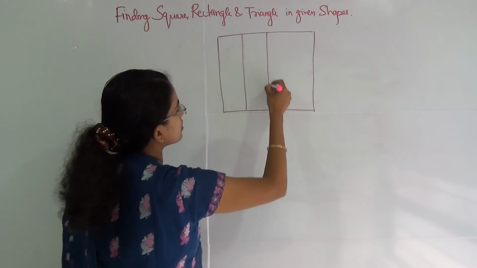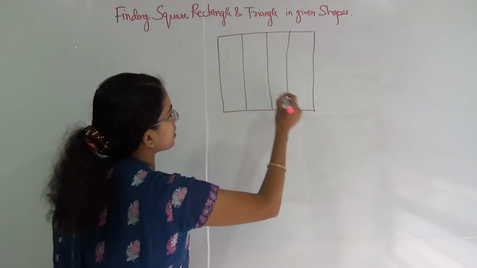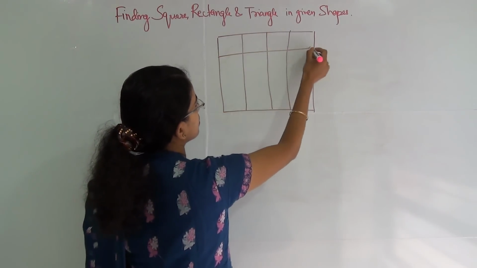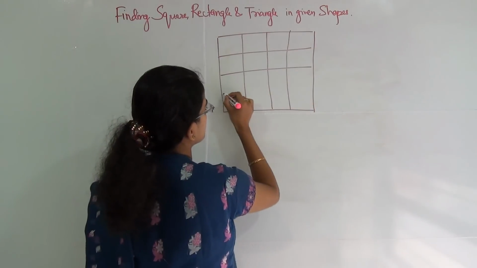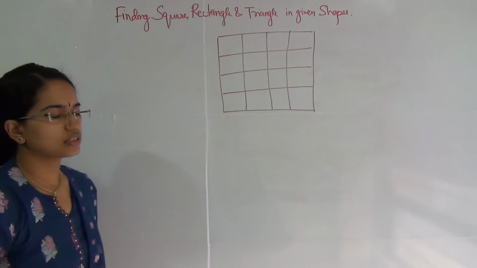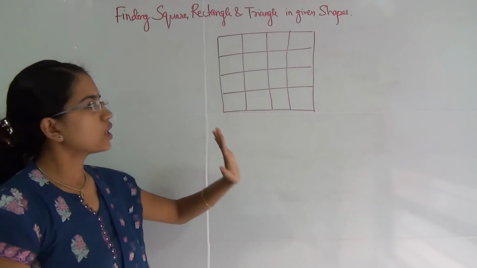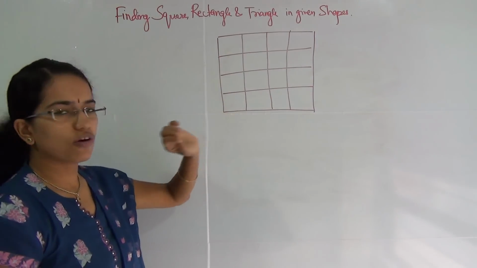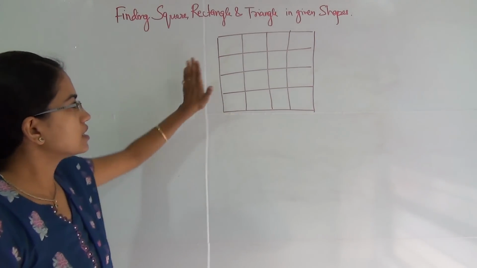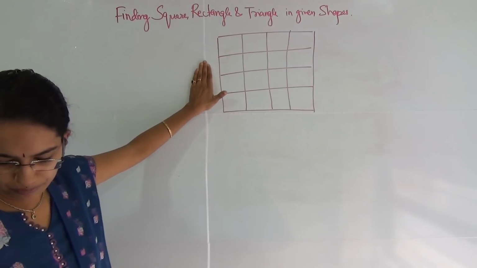One, 2, 3 and 4 vertical. You have 1, 2, 3 and 4 horizontal. Okay. Now in this question, if I am asked what are the total number of squares in this question, how will I do it?